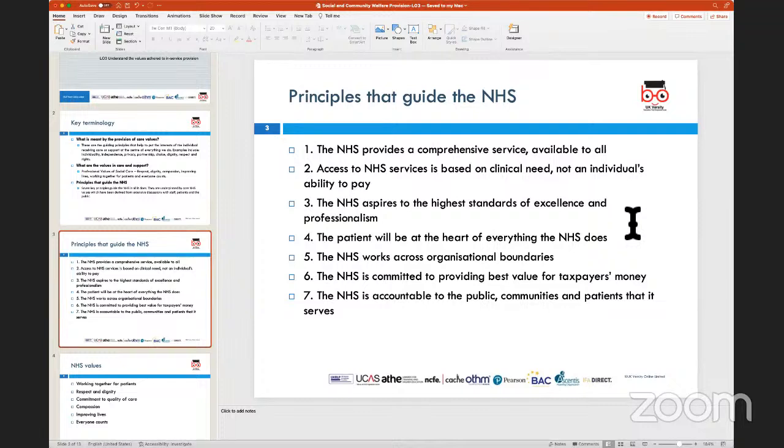And this is the seventh principle, because it is funded through the taxpayer, and the government provides the policy and the framework for the NHS to operate. There is a lot of freedom which the NHS has because of its own constitution and management to run these operations. So the system of responsibility and accountability for taking decisions in the NHS is supposed to be transparent and clear.